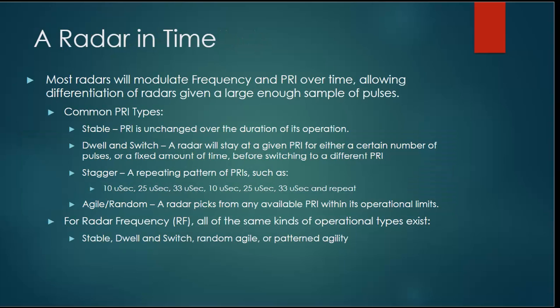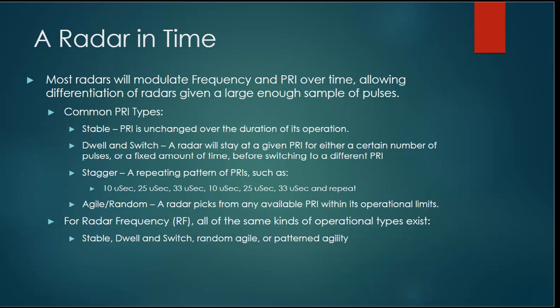So a radar in time. The radars themselves aren't simply fixed to one set of these parameters. They don't just operate on one frequency or one PRI for any given length of time.